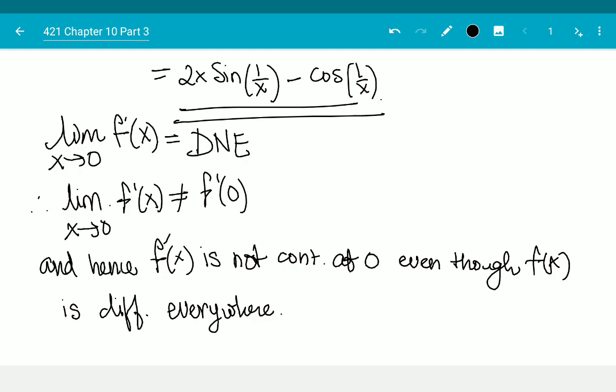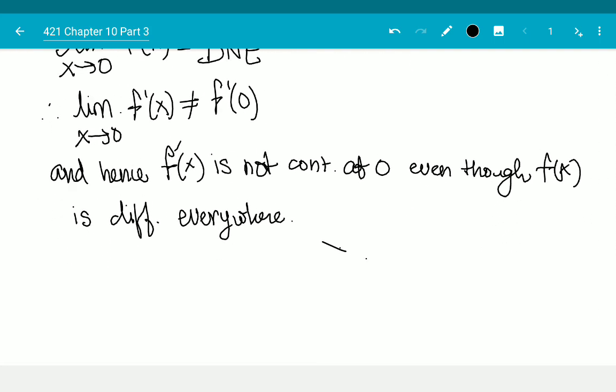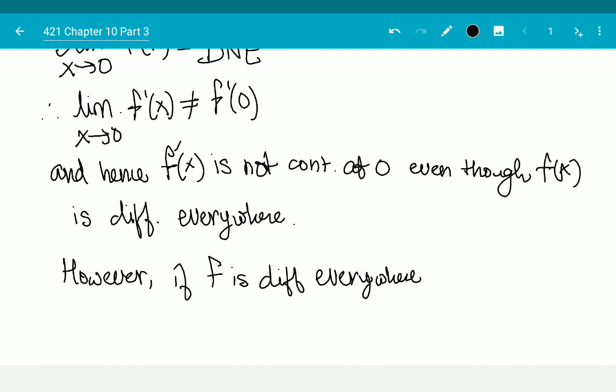Now, you can see it is a problem on your next homework for chapter 9 that, in fact, if f is differentiable everywhere and the limit as x goes to, let's say, a of f prime of x exists and is equal to L, right?